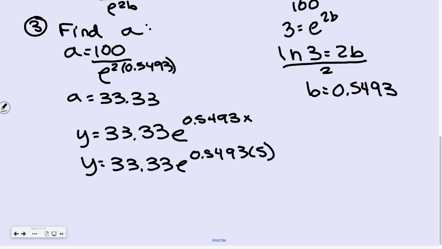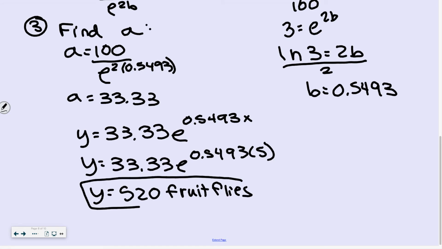Times 5, and I think it comes out to like 520 fruit flies. What questions can I address on that modeling question?